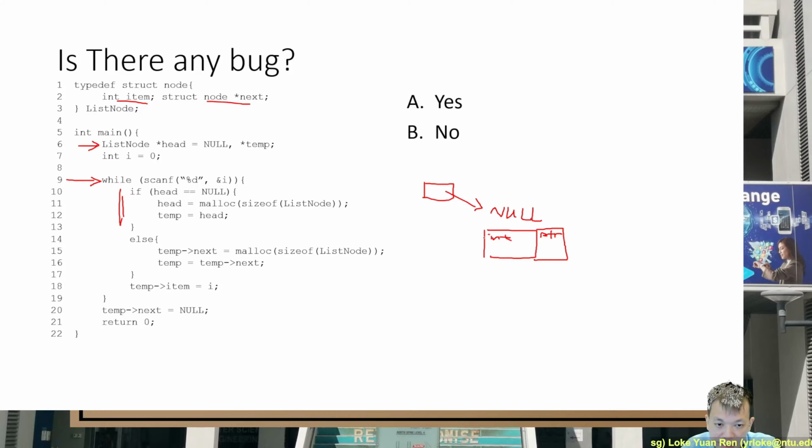Then I assign this memory address. Let's say this memory block is at 0x1000, for example. After this line 11, the head pointer, which at the beginning pointed to null, will store 0x1000.